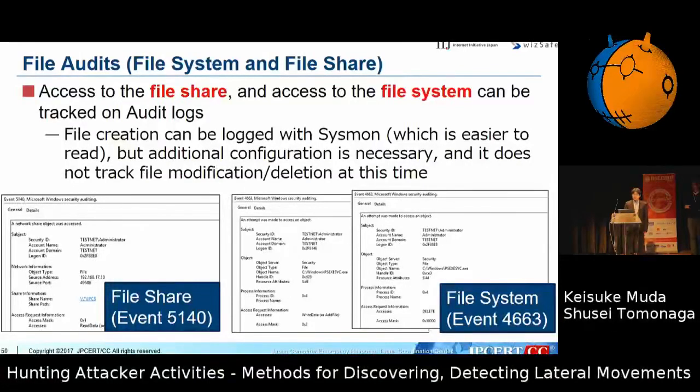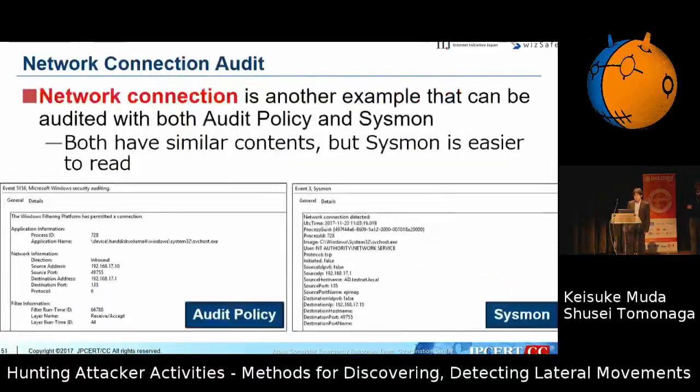But for logging file creation with Sysmon, you need to do additional configuration, and it doesn't track file modification and deletion, at least in the version we've tested. Another example that can be logged with both Sysmon and audits is the network connection. Again, both have similar contents, but Sysmon is easier to read.